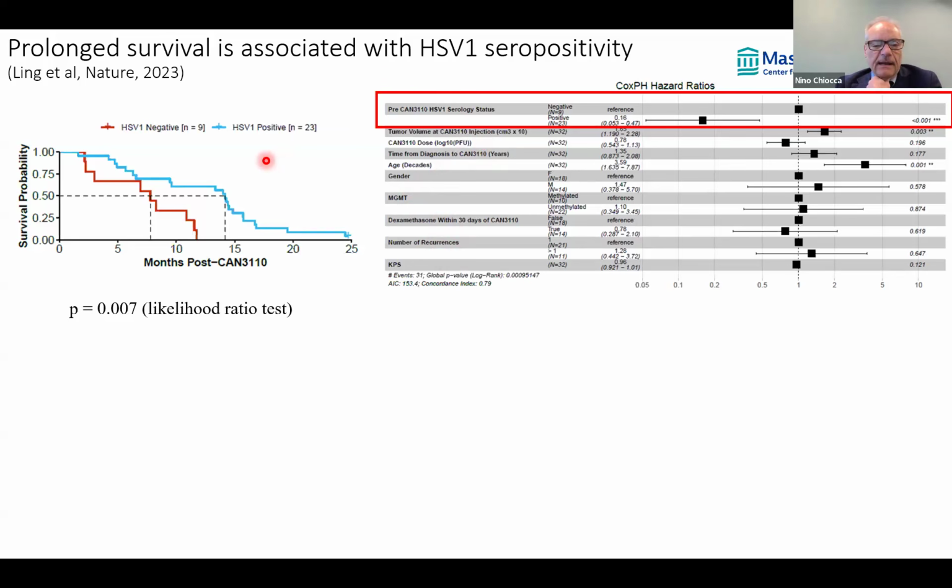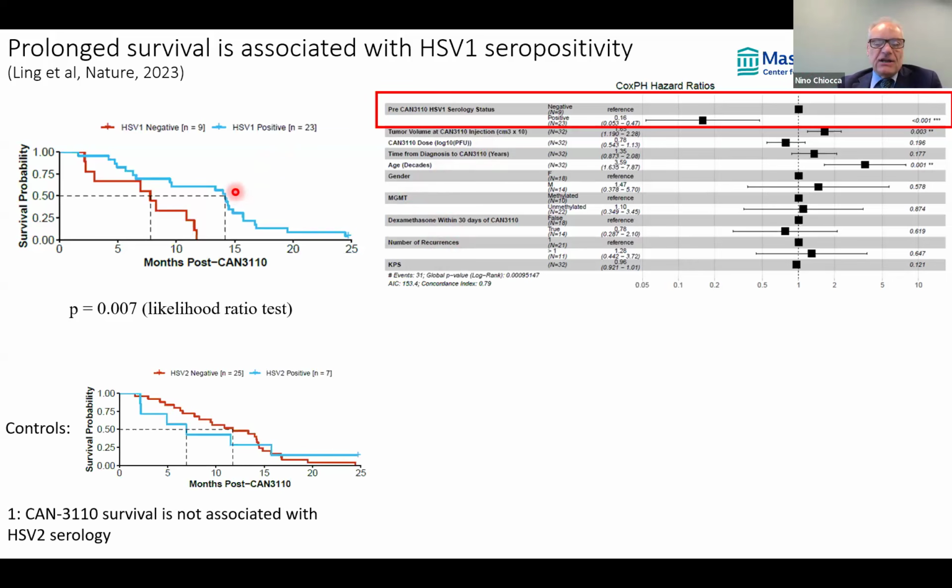And then we asked the question, well, maybe these patients are different. Maybe they're just immunologically more fit. Maybe this has nothing to do with the injection of the virus. Maybe they will do this with injection of anything. So luckily, we were also collecting antibodies to another virus called HSV2. HSV2 is actually relatively different from HSV1. The genomic differences are about 30%.